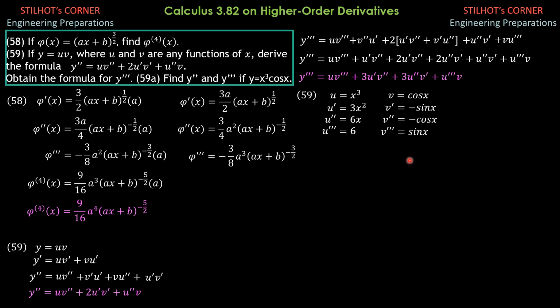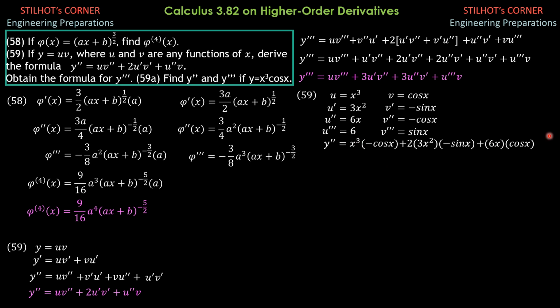So substituting into the formula for y double prime, we have u, x cubed, times v double prime, negative cosine x, plus 2 times quantity 3x squared, negative sine x, u prime v prime, then plus u double prime, 6x, times v, cosine x.